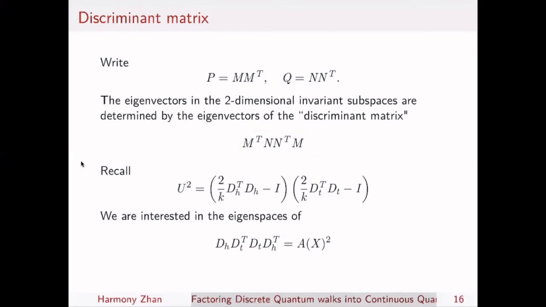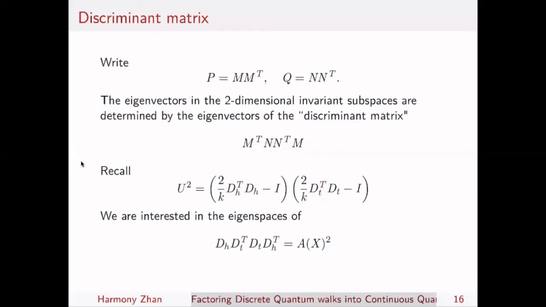In general, this is going to have a much smaller size compared to P and Q, but it carries almost the same spectral information as V, in the sense that every eigenvalue of this smaller matrix, called the discriminant matrix, can be lifted to eigenvalues of V, and the eigenvectors of this smaller matrix can also be lifted to a longer eigenvector of V. I won't tell you the details about the derivation, but just apply the result to our U squared. Here, M is my DH transpose, and N is my DT transpose.